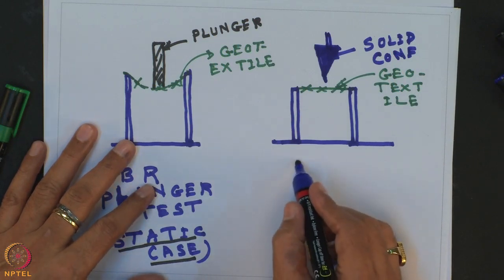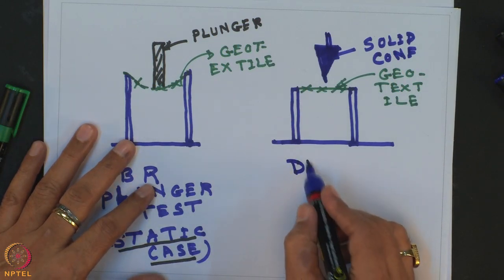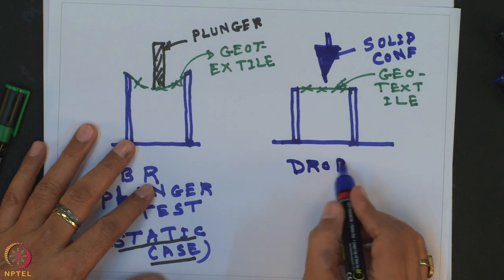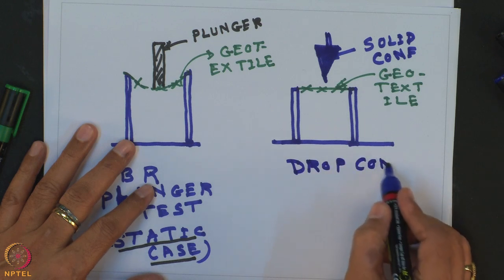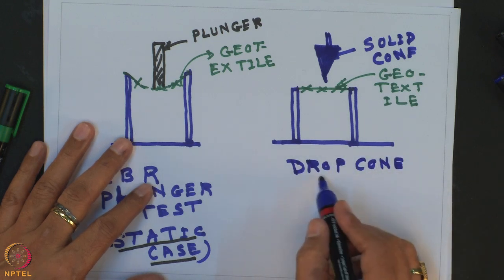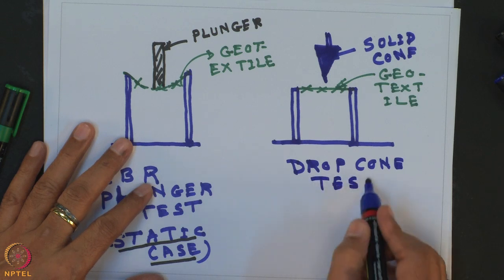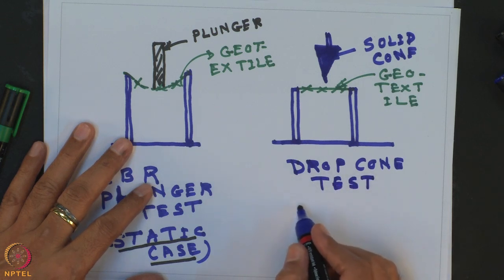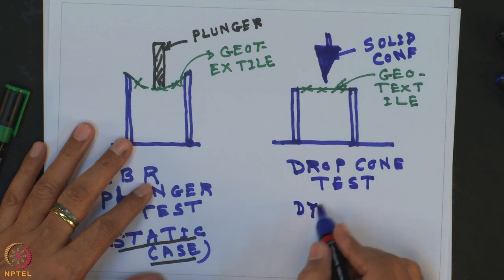So, this we call the drop cone test, and this we call the dynamic case.